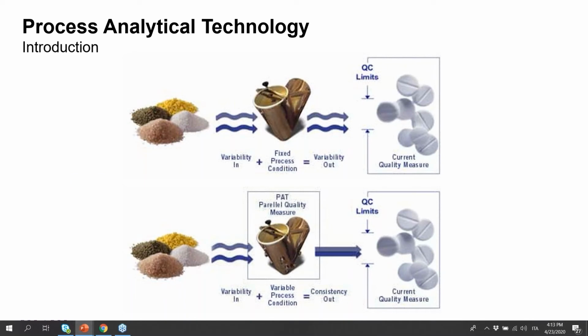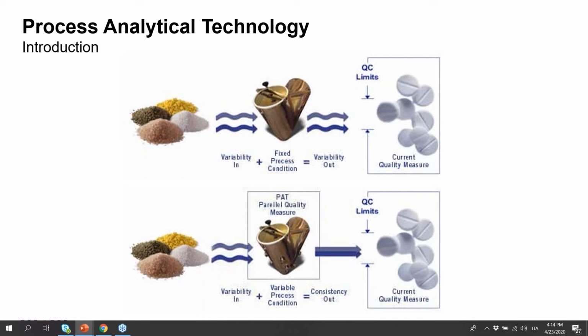Let's start to talk about the application, process analytical technology. This is a slide that I really like because we have on the left-hand side the raw material, and normally we try to keep the raw material as constant as possible. But unfortunately, the raw materials are somehow variable by nature.